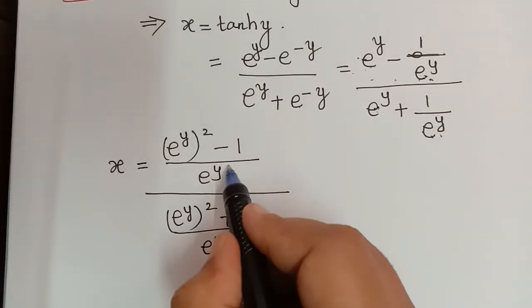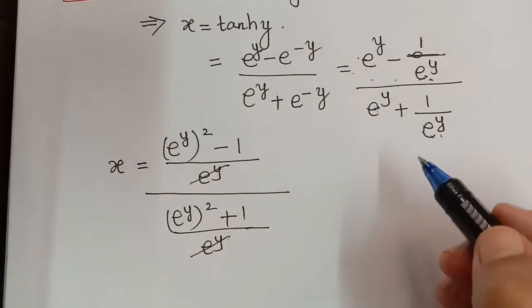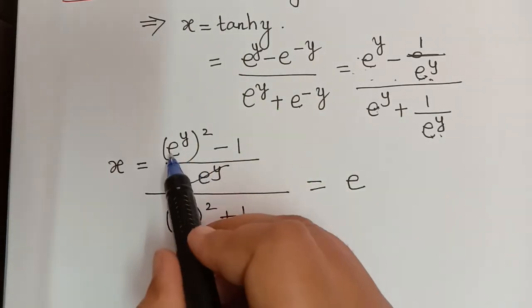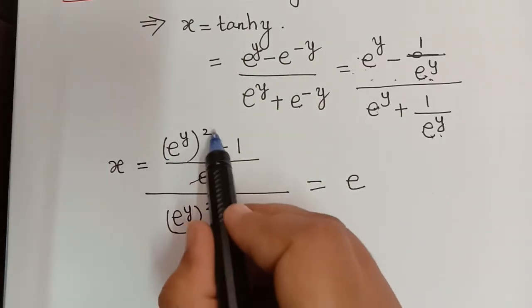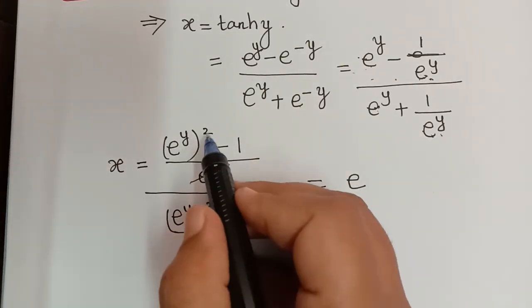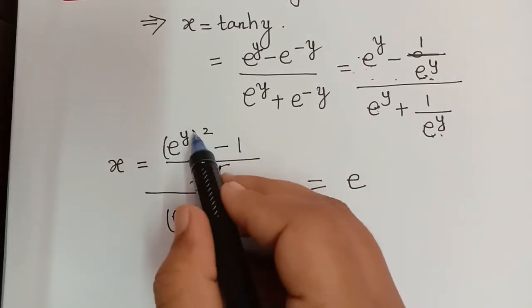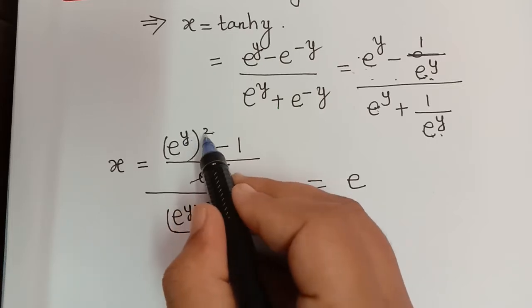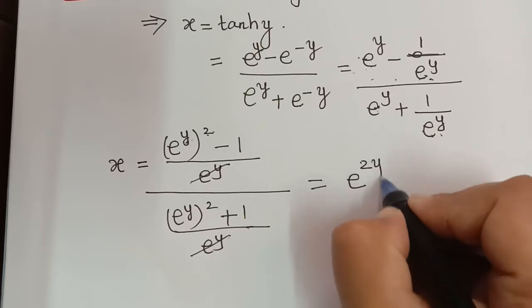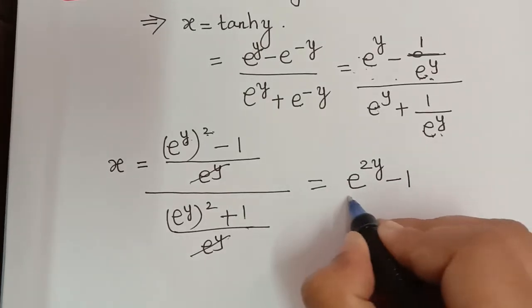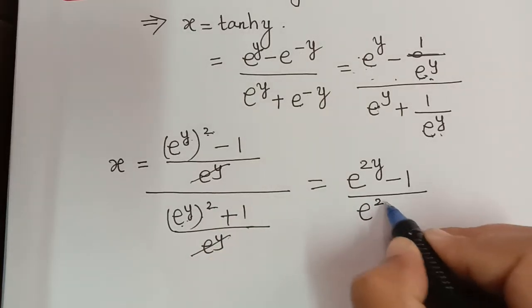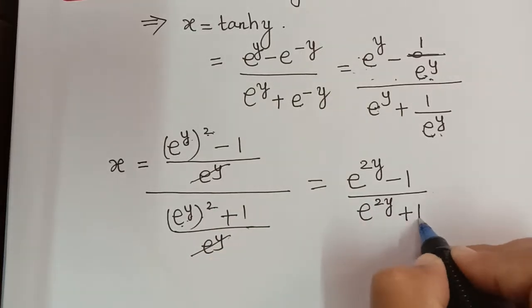Now this e power y and e power y get cancelled. Now (e power y) the whole squared can be written as e power 2y, because 2 is the power of the whole term, so when we multiply y with 2, we get 2y. So it will be (e power 2y minus 1) divided by, in the same way, e power 2y plus 1.